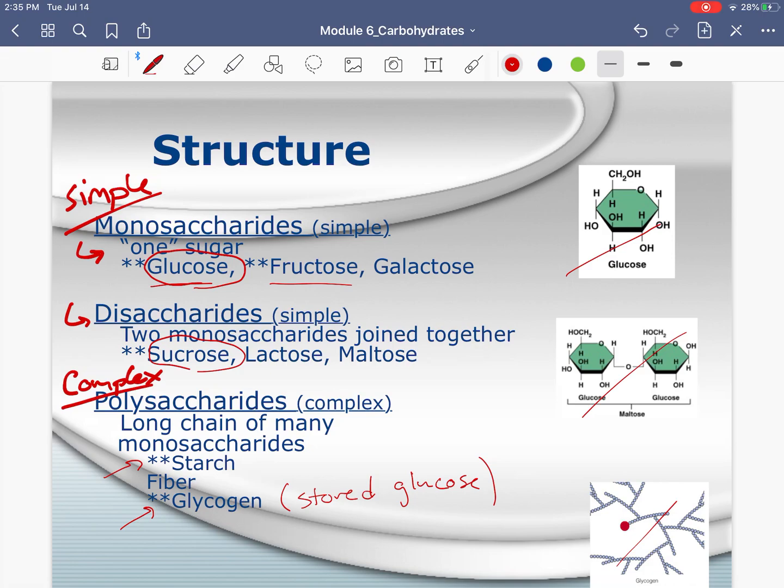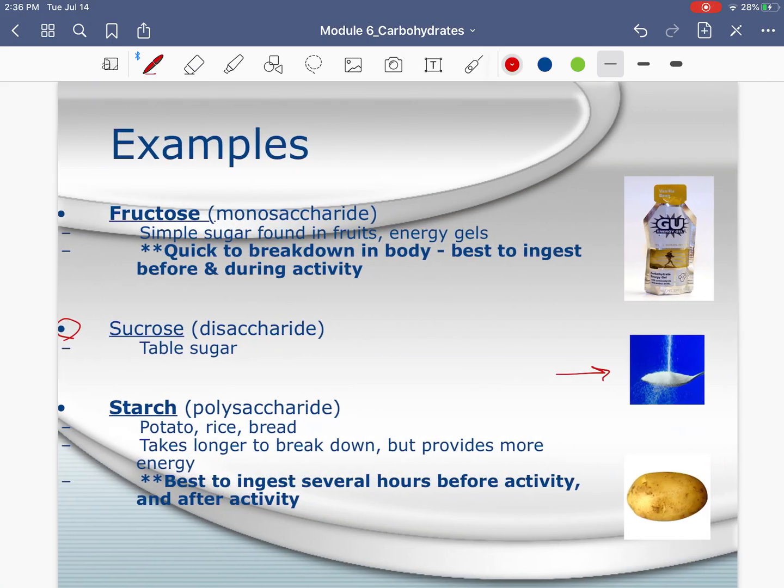So you should know that. Glucose is the monosaccharide that circulates in the blood and then goes into our muscle cells, which of course gets converted into ATP, because we remember ATP is a usable energy source.